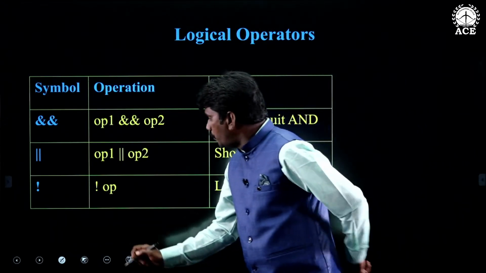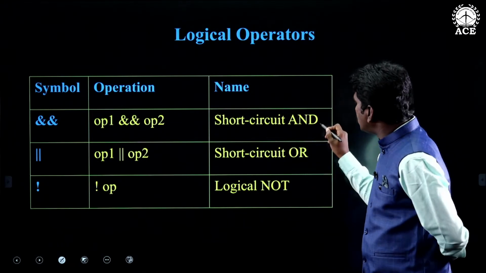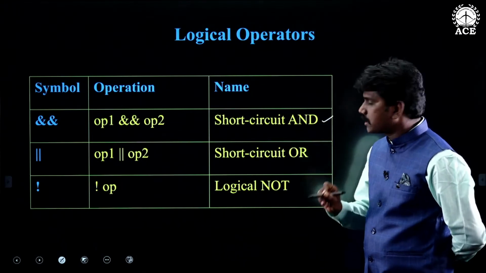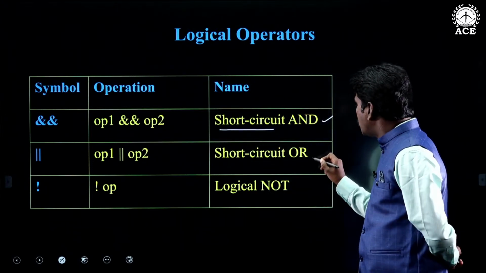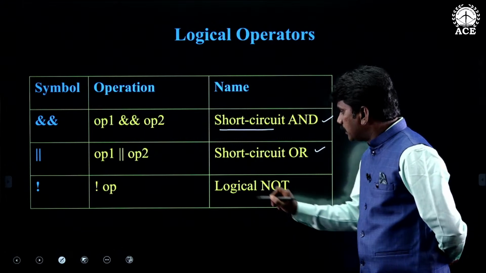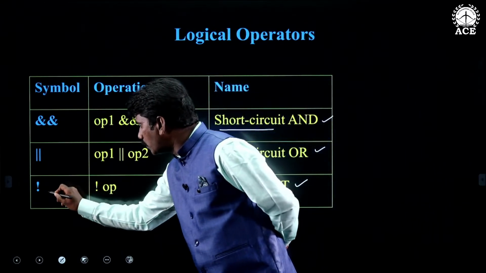So now we are having three logical operators: one is logical AND, also called short circuit AND, second one is short circuit OR, third one is logical NOT. So these are the symbols we have to use.